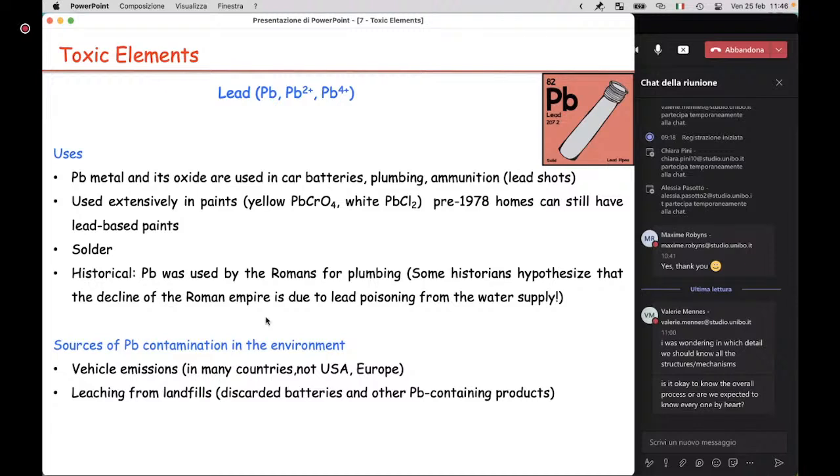Some historians think that it could be a reason why the Roman Empire has fallen, because lead in plumbing led to chronic poisoning, and so to dementia and to widespread symptoms and diseases, and so this led to decadence in the Roman Empire. This is just a hypothesis. It's not so sure, but it's an interesting hypothesis.